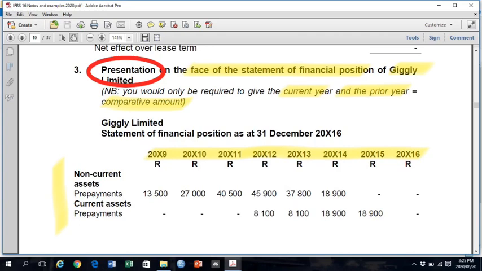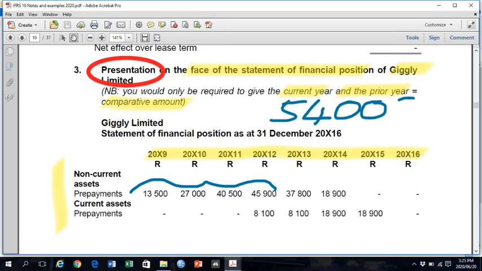In this example, it is a low value asset lease running over 8 years. In the first 4 years, the amount paid by the lessee is more than the straight-lined lease expense. So for 4 years, the lessee builds up a prepaid lease expense account, which equals an amount of 54,000 Rand that has built up in that account.